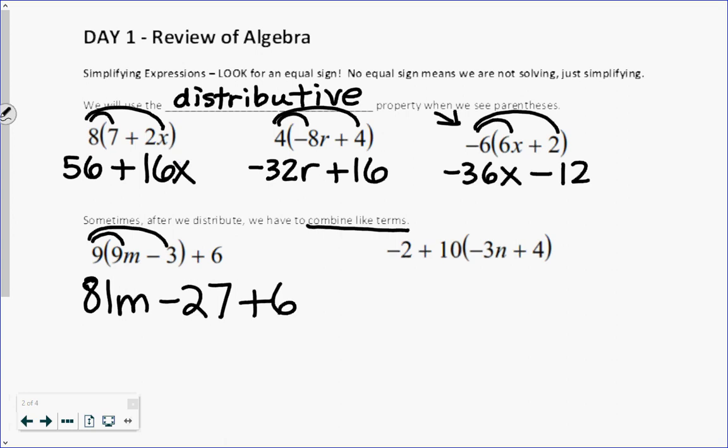Here we have two numbers, or constants, that can be combined into one. Negative 27 plus 6 is negative 21. And that's done. Let's have you guys try this. We'll pause the video.